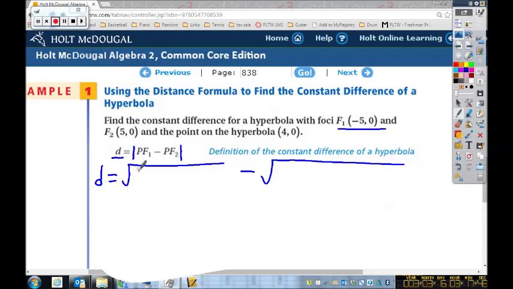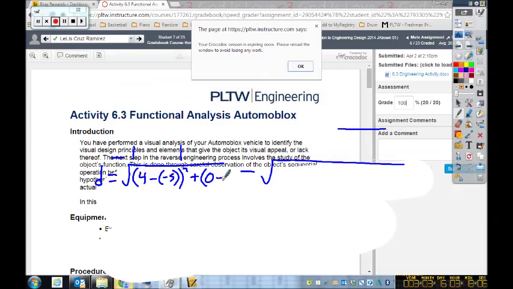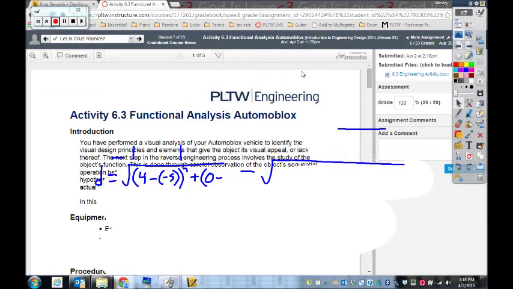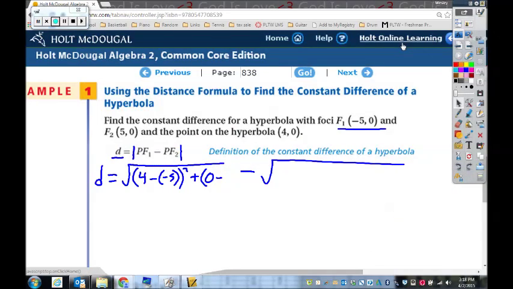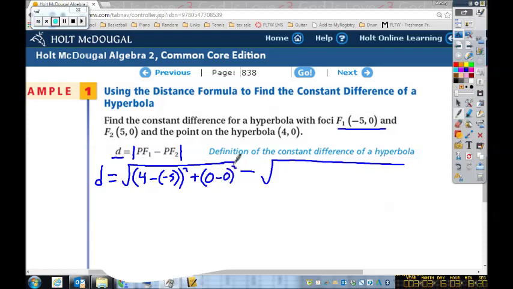So I'm going to say, all right, my point is 4 minus negative 5 squared plus 0 minus 0 squared.